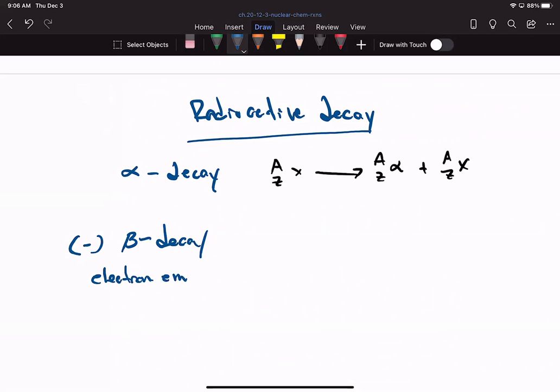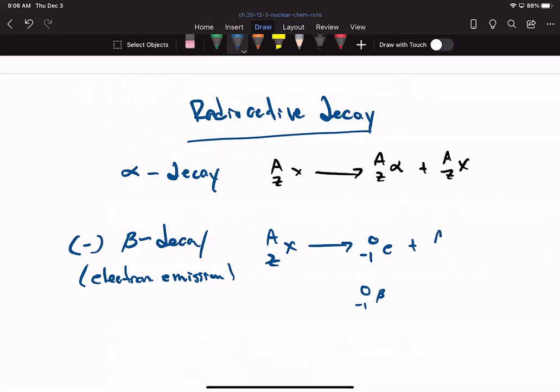Right, beta decay, electron emission, and we can use this general formula, and we're going to eject an electron here, -1. And remember, you can always use this -1 and the beta like that. It doesn't really matter which one you use. I just don't use that one too often.